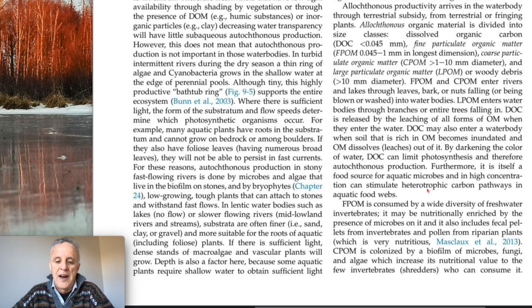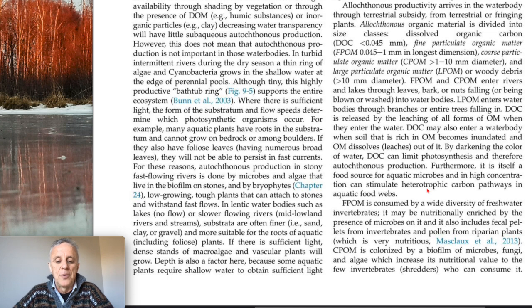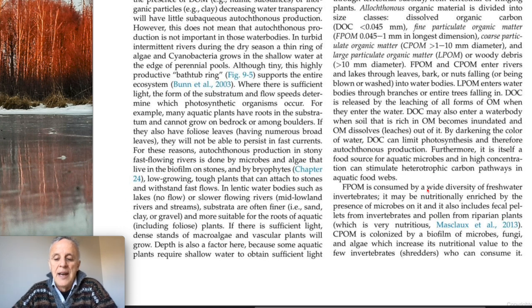FPOM, fine particulate organic matter, is consumed by a wide diversity of freshwater invertebrates. It may be nutritionally enriched by the presence of microbes on it, and it also includes fecal pellets from invertebrates and pollen from riparian plants, which is very nutritious apparently.